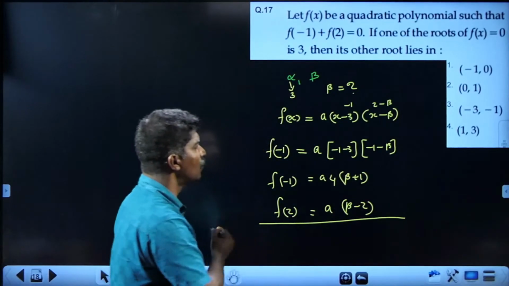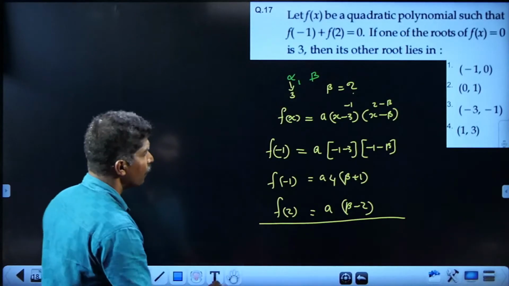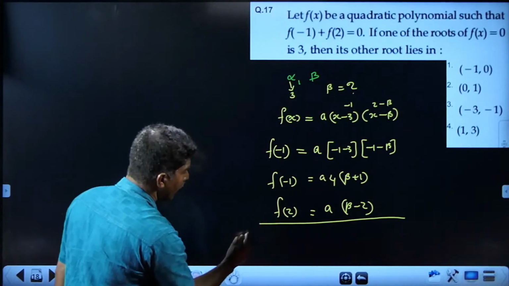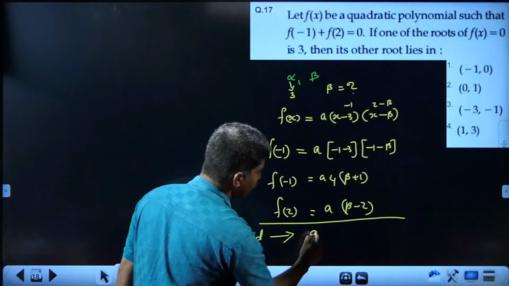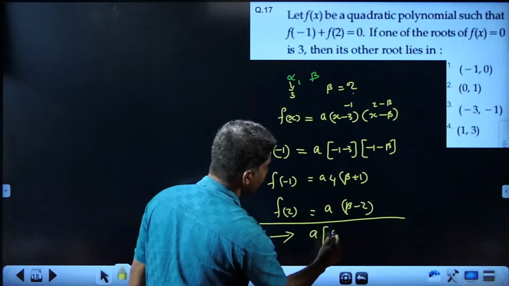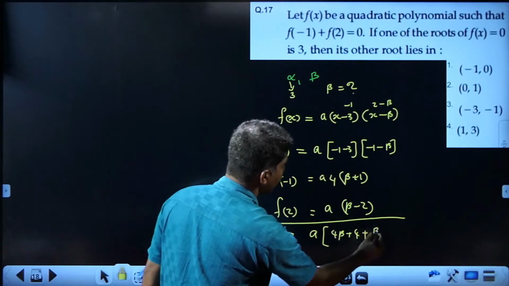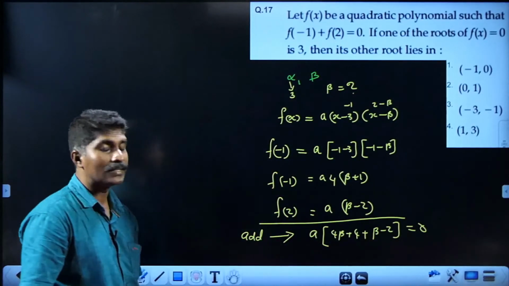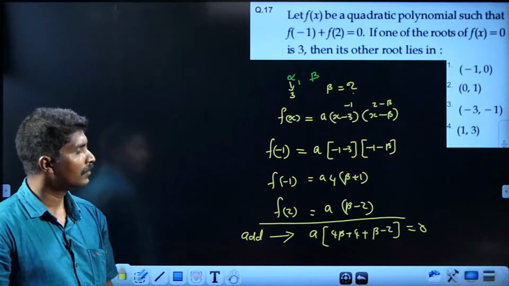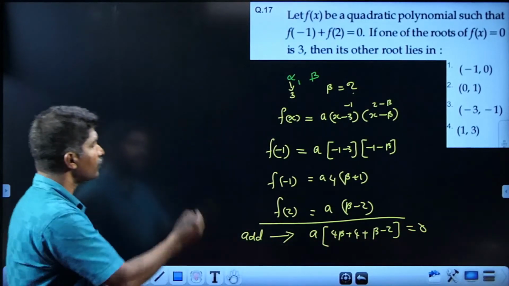And adding these two, f of negative 1 plus f of 2, the answer is 0. Taking a common, a into (4 beta plus 4 plus beta minus 2) is equal to 0, because the sum is given as 0. 4 beta plus beta is equal to 5 beta.